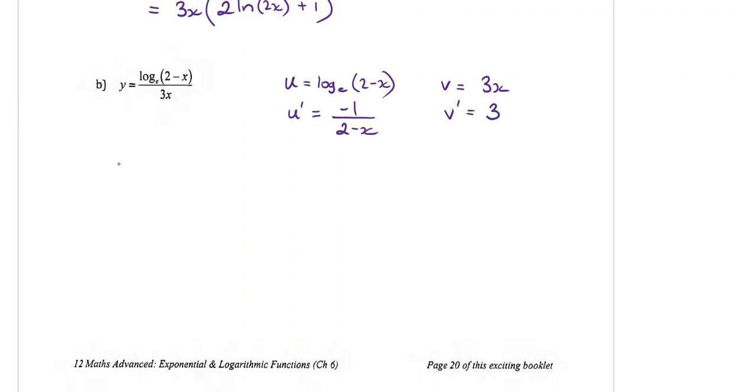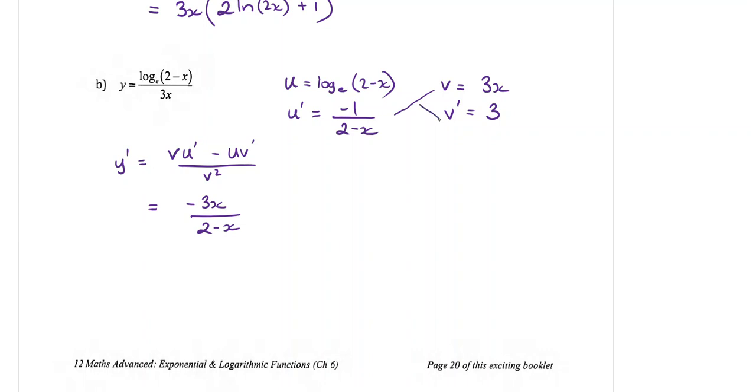Now we need our quotient rule, which is VOOV with a minus sign over v squared. So v times u dash. I'm going to multiply the 3x to the top to be negative 3x over 2 minus x. Is that okay?